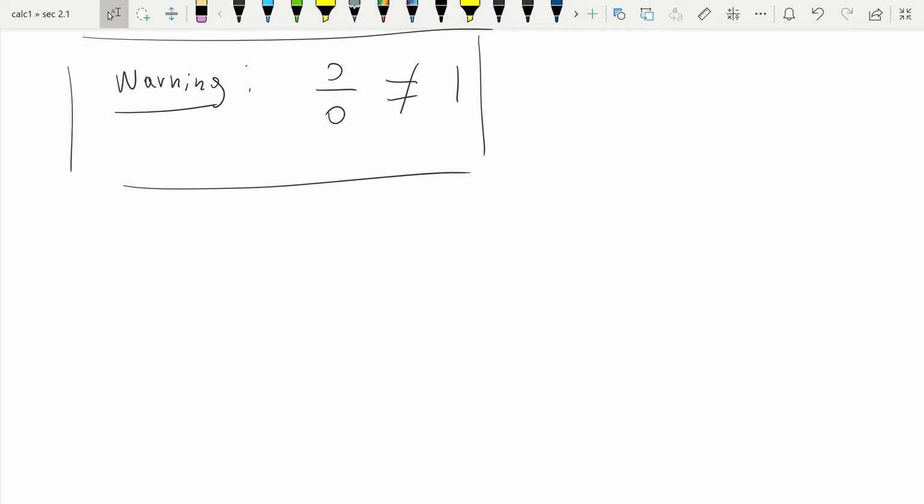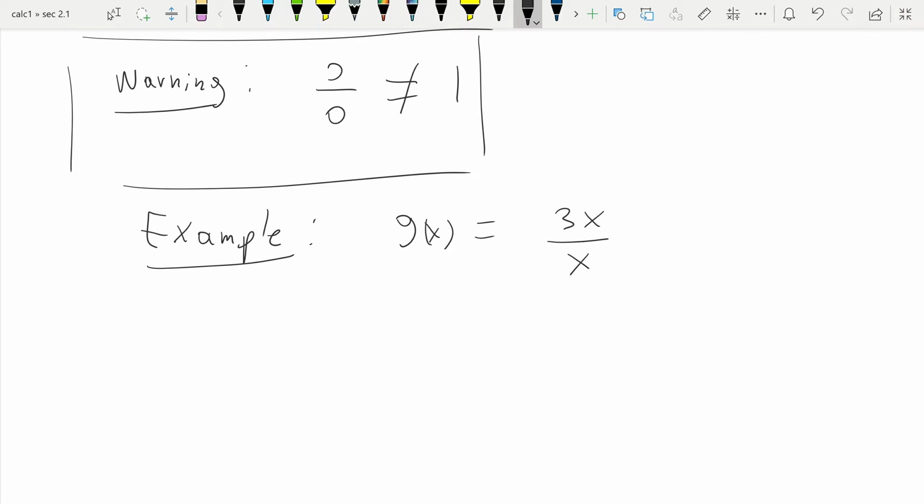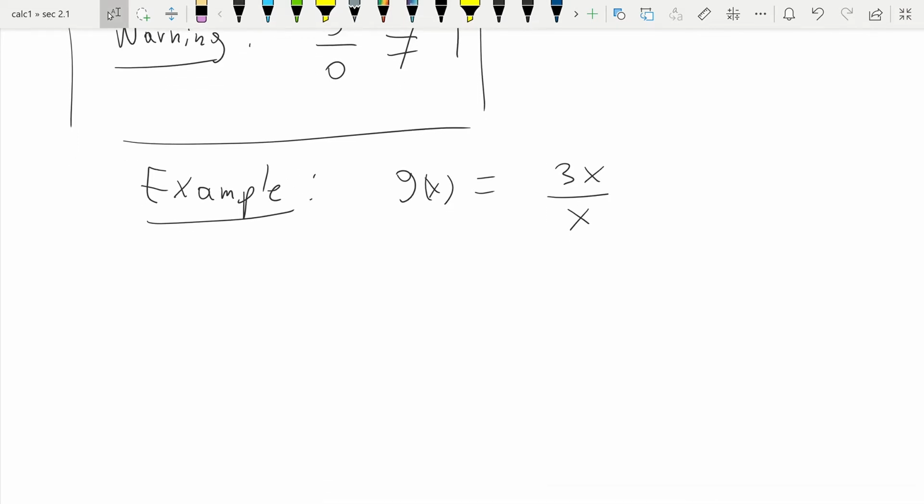For instance, this may sound trivial, but this is another instance where there's a function that is not defined at the origin. Function g of x is equal to 3x over x. So g of x approaches 3 as x approaches 0.